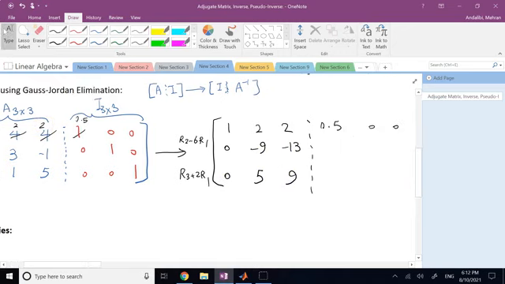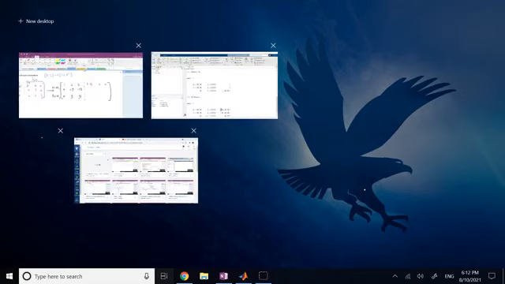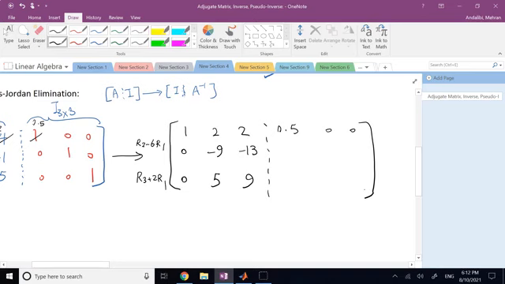And now we need to do the same thing on the right hand side. So 2 times the first row added to the third row, so you'll get a 1, you'll get a 0, and you'll get a 1. And then 6 times the first row subtracted from the second row, so you'll get a 0, you'll get a 1, and you'll get a negative 3 because you're subtracting.